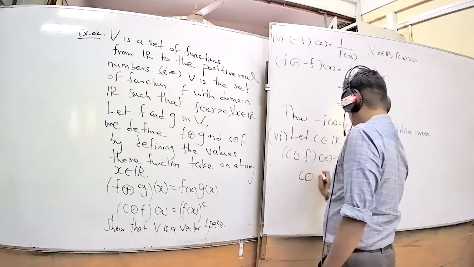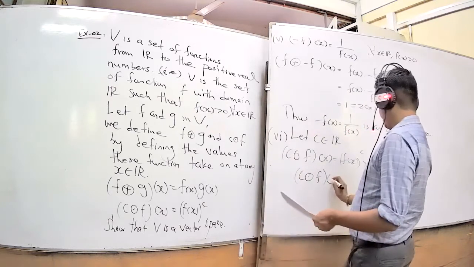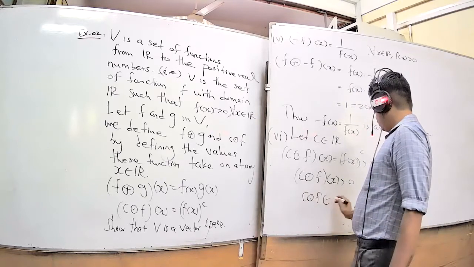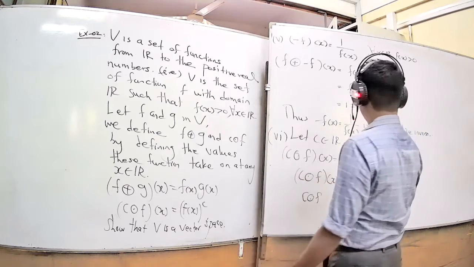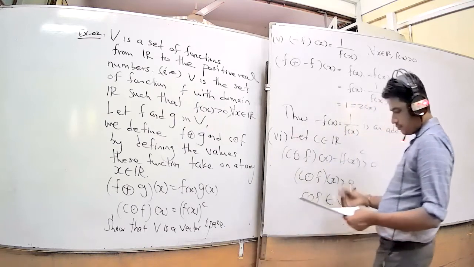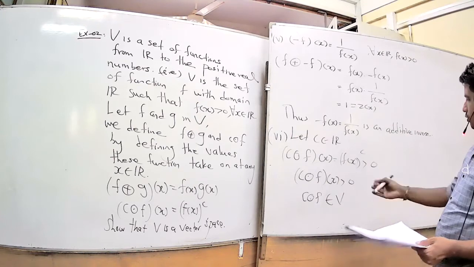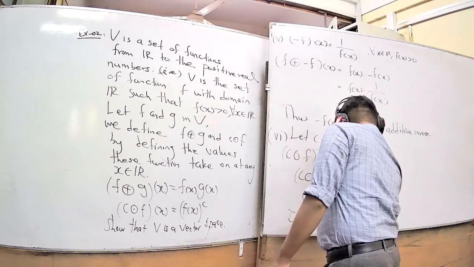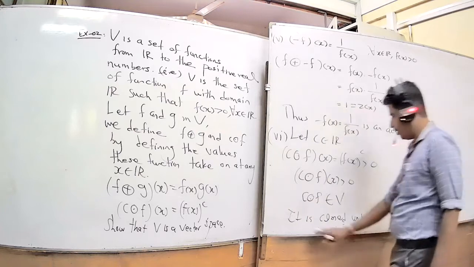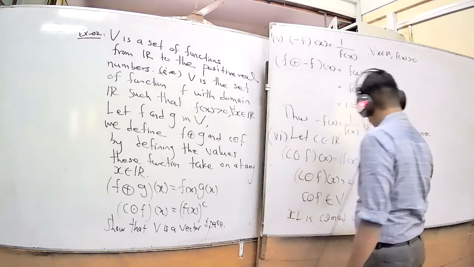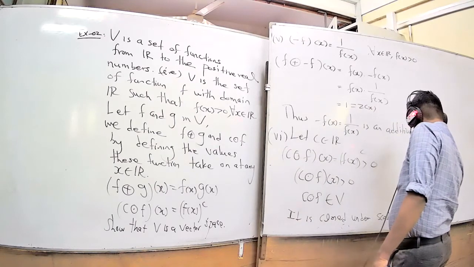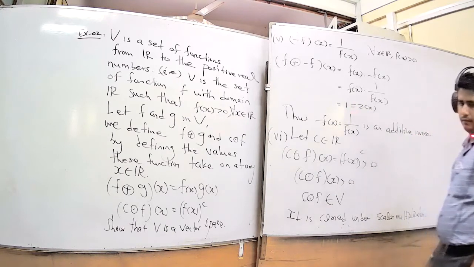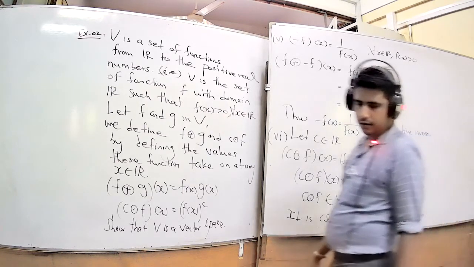So c scalar multiplication of f belongs to set V. So thus it is closed under scalar multiplication.